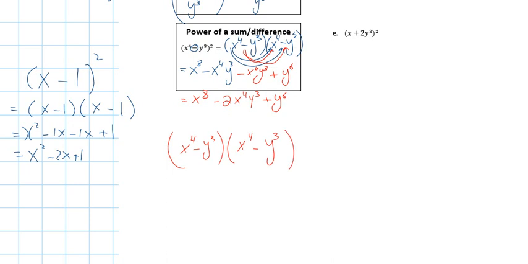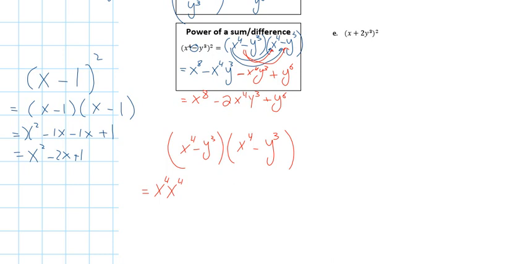Okay, let's look at this again. Eyes on me. Put your pencils down because you've already written it. Foiling means I have to multiply first by first, so I multiply x to the 4 by x to the 4. I will simplify later.